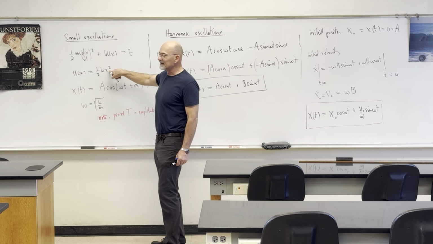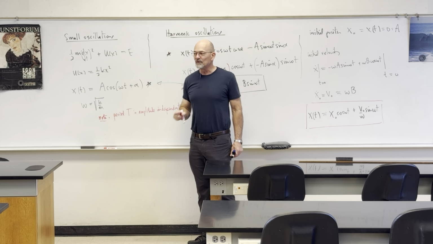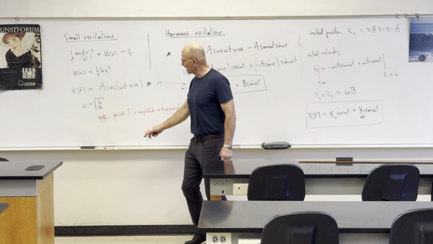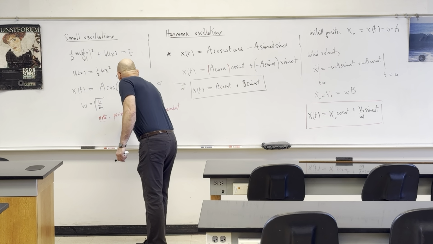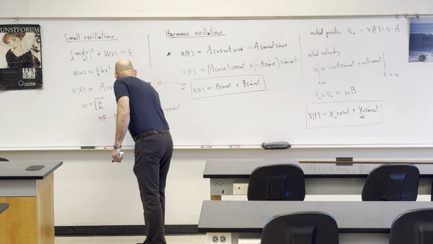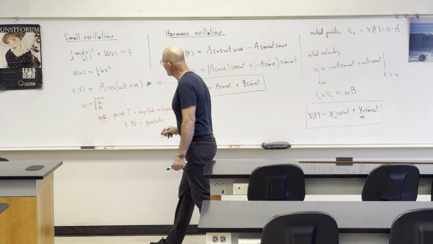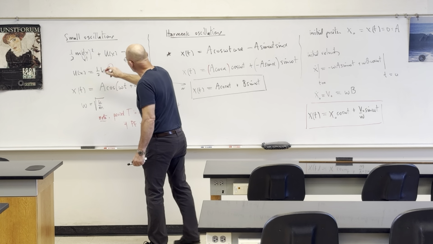Remember we had x to the n, and only n equals 2 gives the amplitude independence. It is amplitude independent if the potential energy is quadratic. So yeah, that only came for the power of 2 right here.